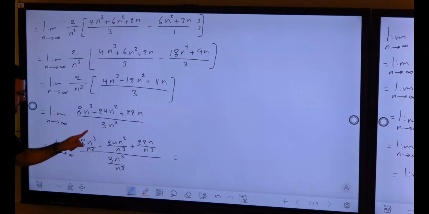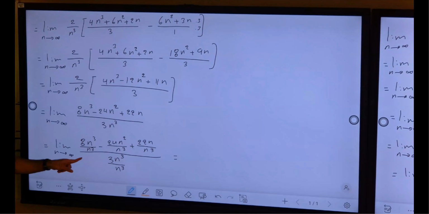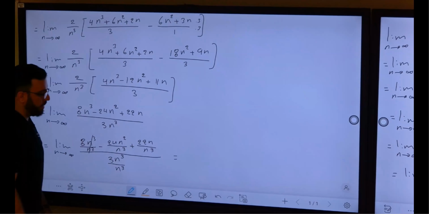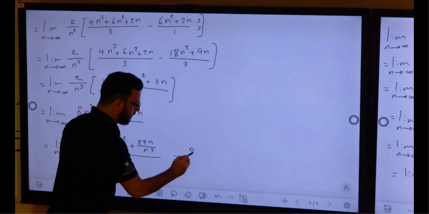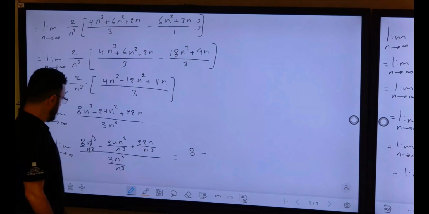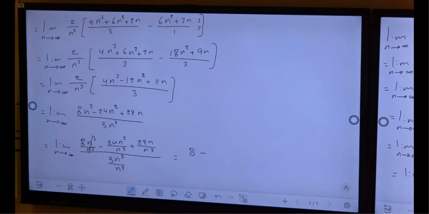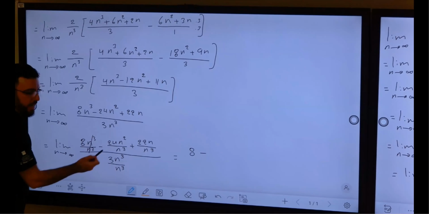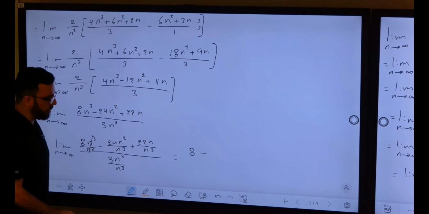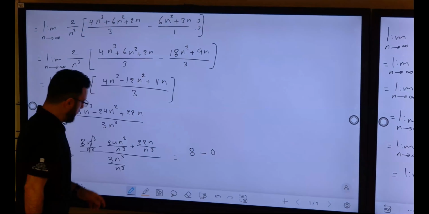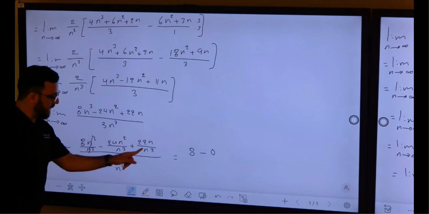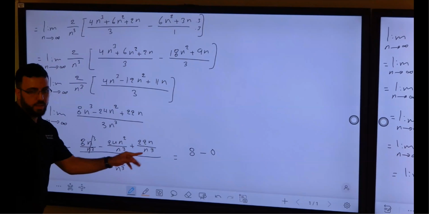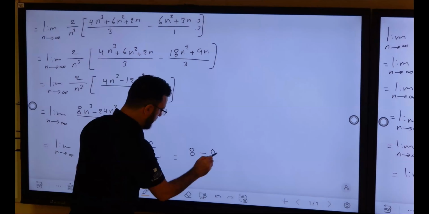The limit for this one, 8 over 3, because it's going to cancel, it's just 8. Oh, I got the same answer. Oh yeah, 8 over 3, you're right. 24 over n, take the limit, is going to be 0. n cancels with n, 22 over n squared, that also is going to be 0.